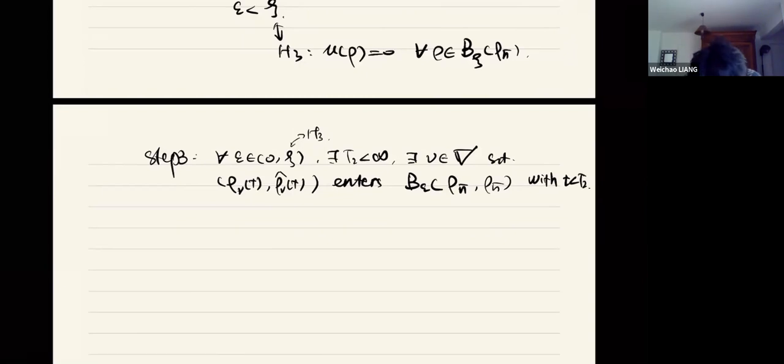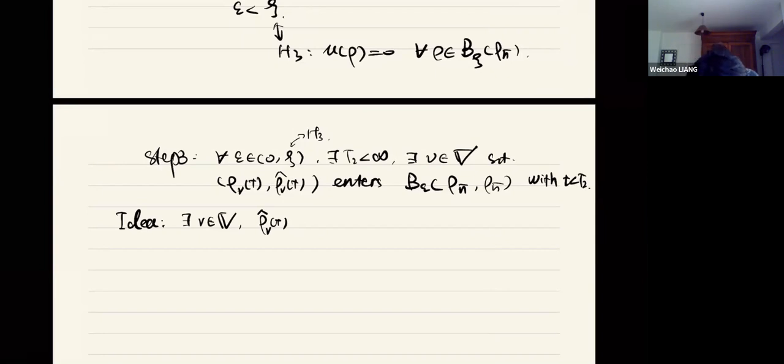I will give the basic idea for the proof of step 3. First you want to show there exists the control input. You focus on the estimated state, which, from step 2, we know has already entered such a neighborhood B epsilon.